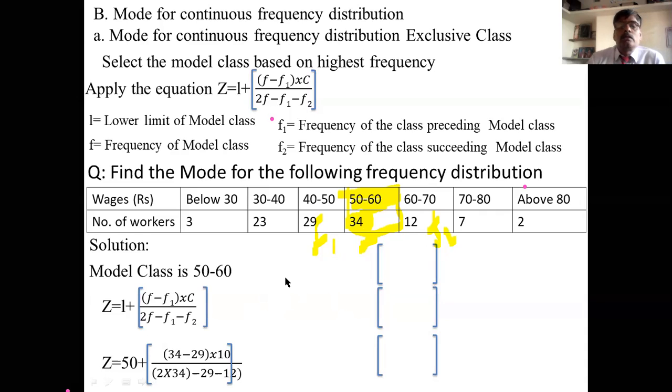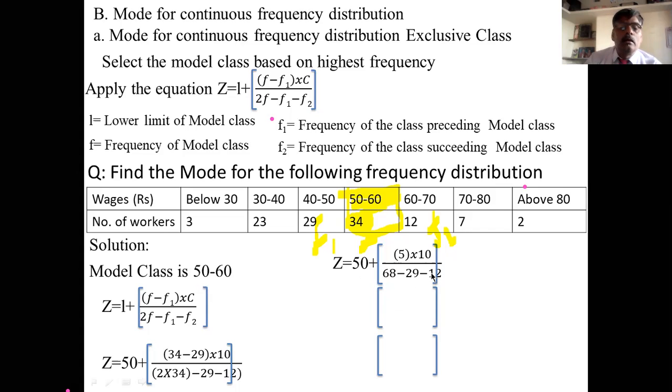The next step. Z is equal to the lower limit, 50, plus 34 minus 29, which is 5, into 10. In the denominator, 2 into 34 is equal to 68, minus 29 minus 12.